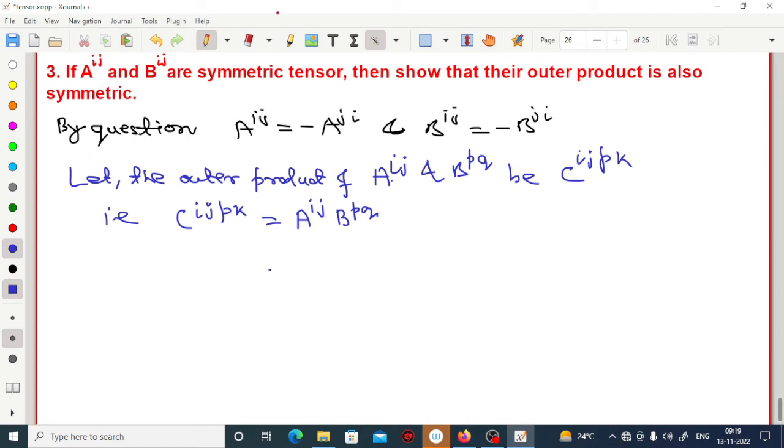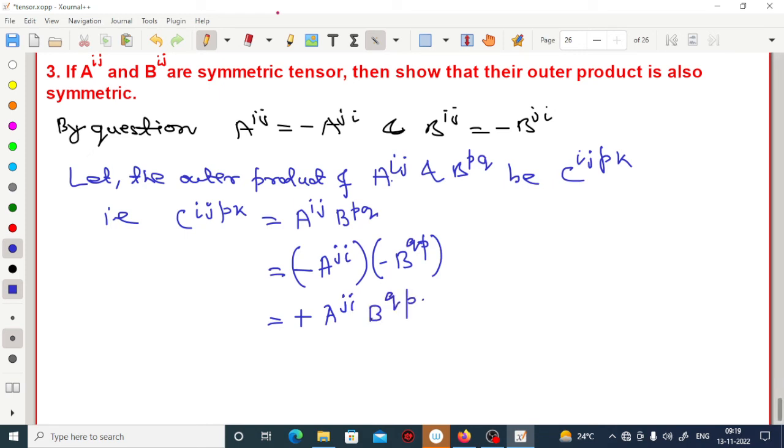Now you know that Aij is equal to Aji. I write it, Aij is equal to Aji. Definitely BPQ is equal to BQP as per the rules যা বলেছে সেই অনুযায়ী। So I write it very simply, and Aji is equal to B of QP.